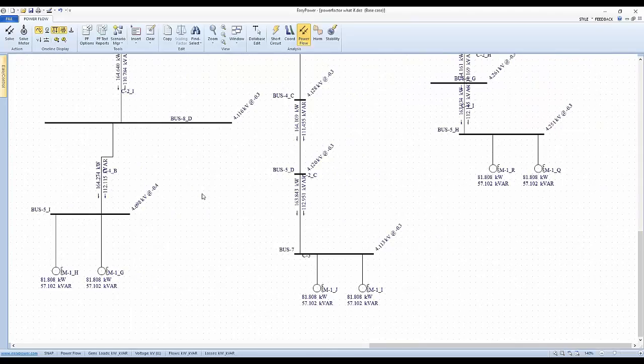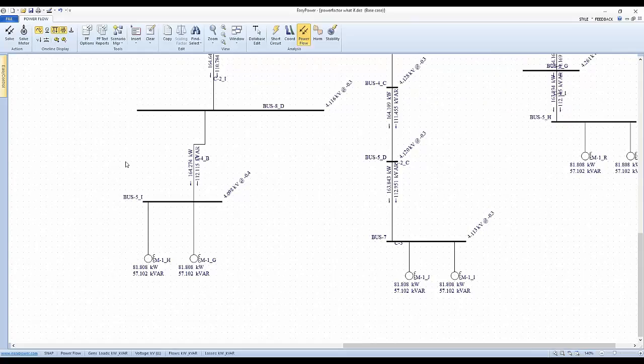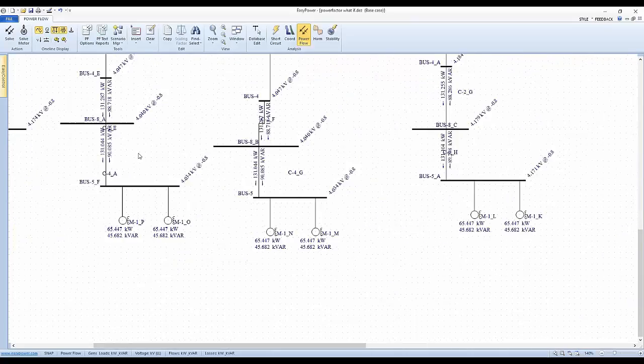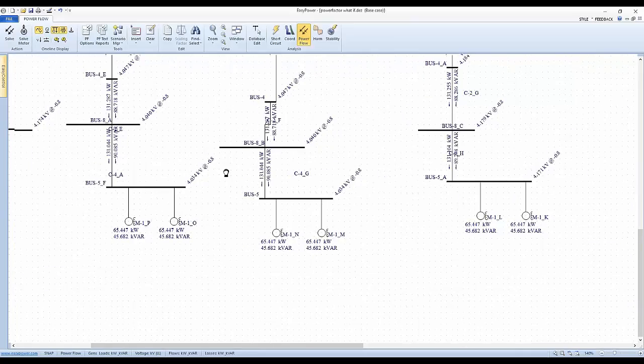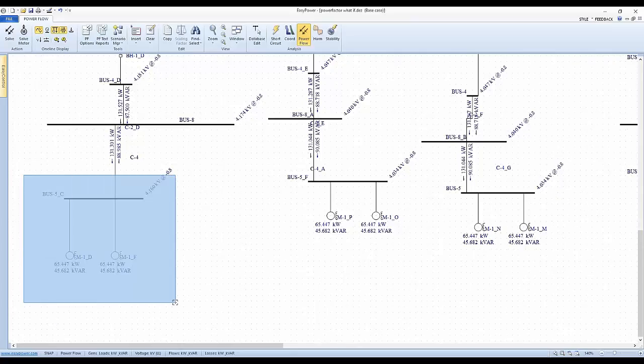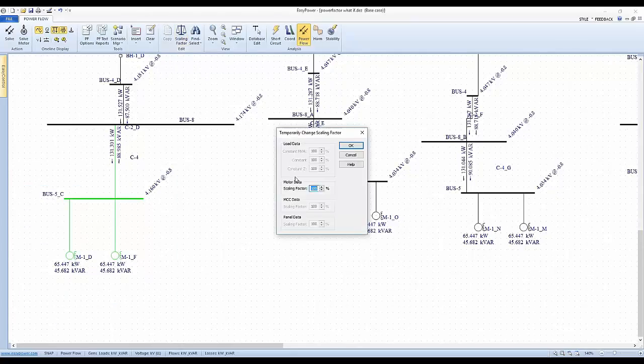Now, one of the things you want to double check, and this is how you tune the model, is specifically what the loads are running at. As we're in PowerFlow, these can be adjusted by scaling our load factor, scaling our loading. So we can scale all the loads, the constant loads, the motors, or MCC and panels, and see what's going to happen as we make that adjustment.